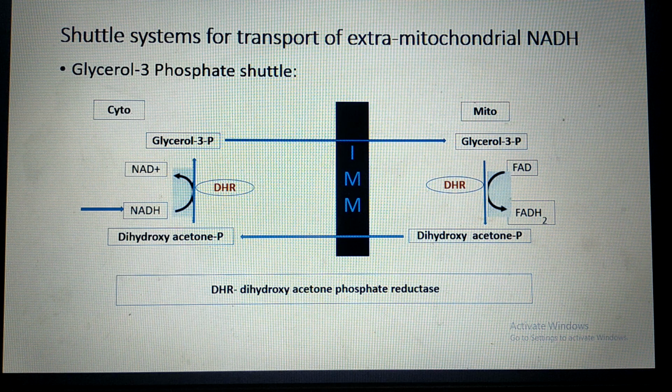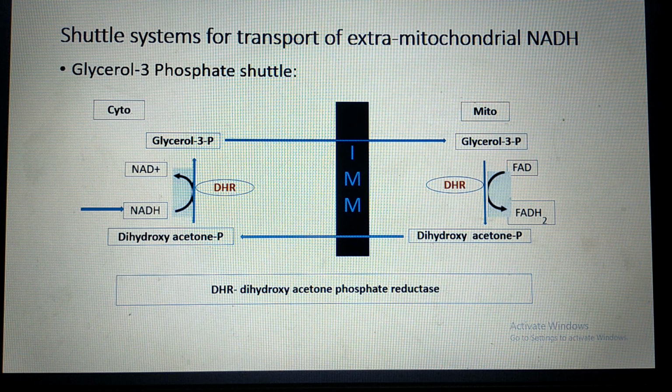FAD is reduced to FADH2 by accepting the 2 electrons. And this glycerol 3-phosphate is converted into dihydroxyacetone phosphate. The enzyme is the same. Now this dihydroxyacetone phosphate is permeable by the inner mitochondrial membrane, it enters the cytoplasm. So in this way this shuttle takes place.